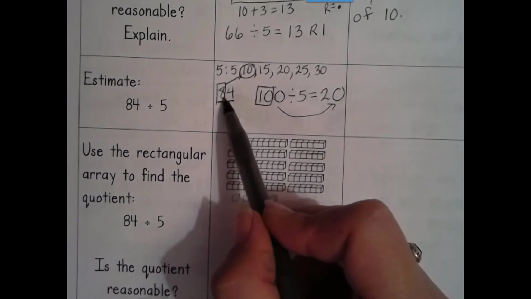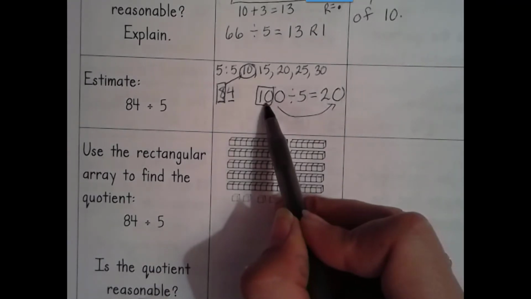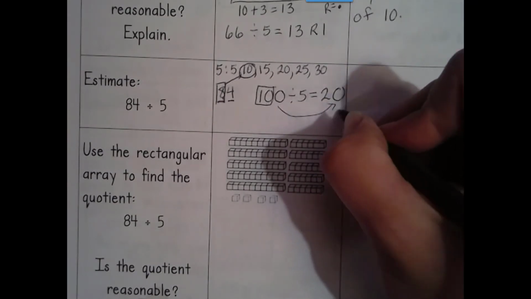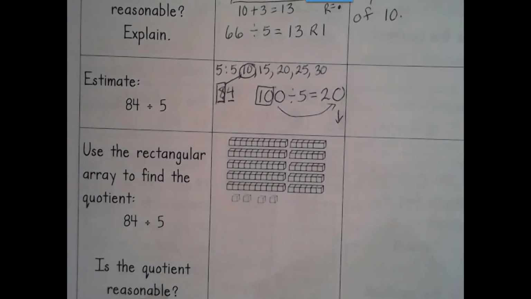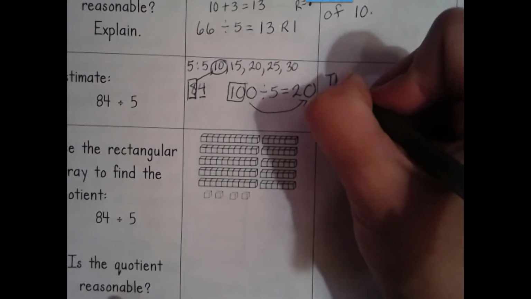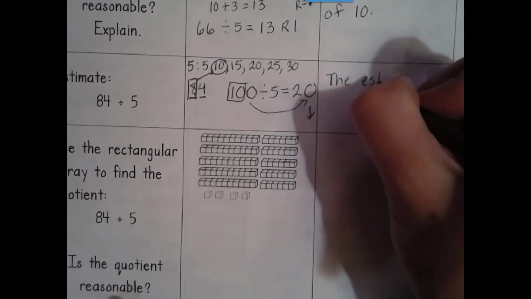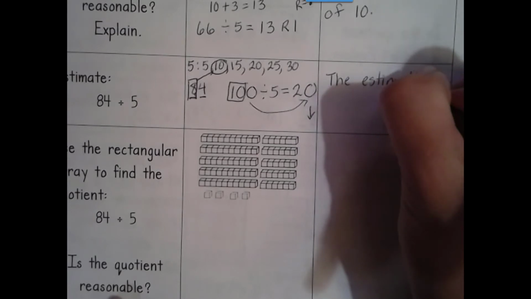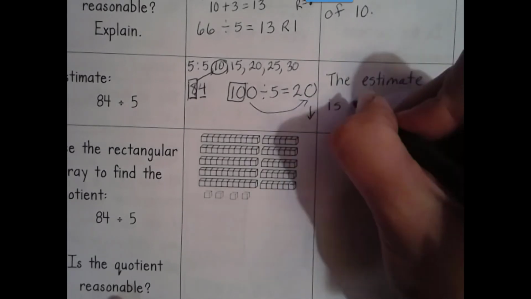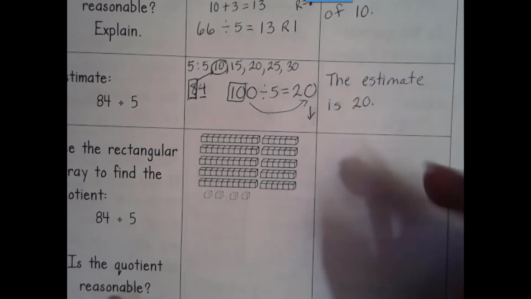Now, did 84 go up or down to become 100? It went up. So this is a high estimate. That means the actual quotient is lower than 20. The estimate is 20.